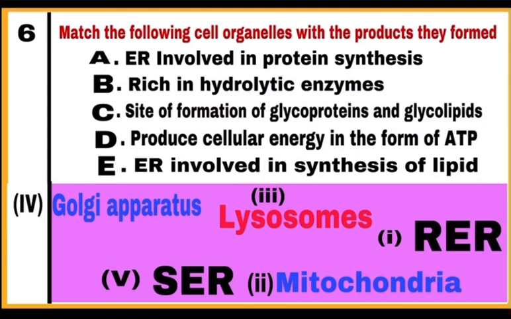Smooth endoplasmic reticulum or SER are involved in lipid synthesis. So here A matches with 1 rough endoplasmic reticulum, B matches with 3 lysosomes, C matches with 4 Golgi apparatus, D matches with 2 mitochondria and E matches with 5 smooth endoplasmic reticulum.